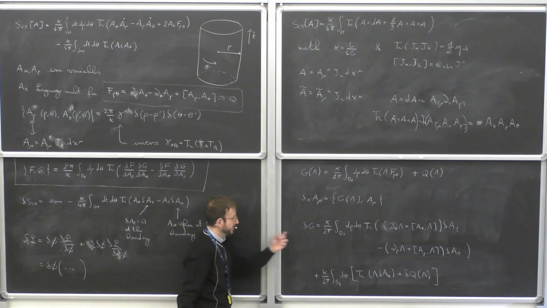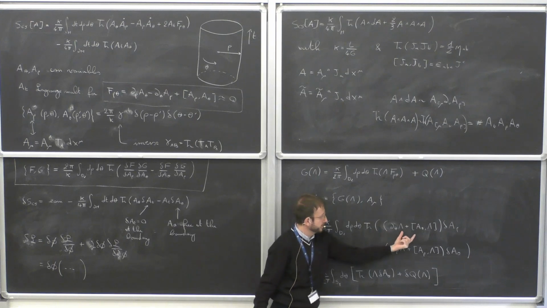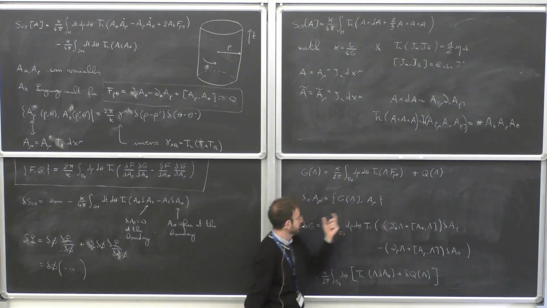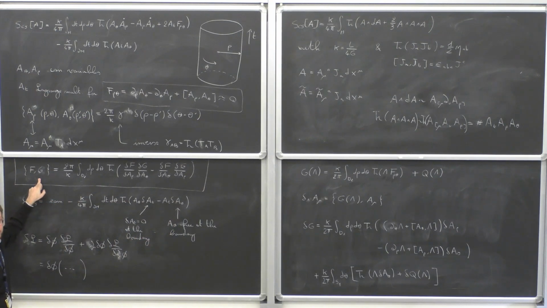Okay, if I take the functional variation of dg, what I get is exactly what I wish. So in the sense that the functional derivative, look at what is the form of a Poisson bracket.